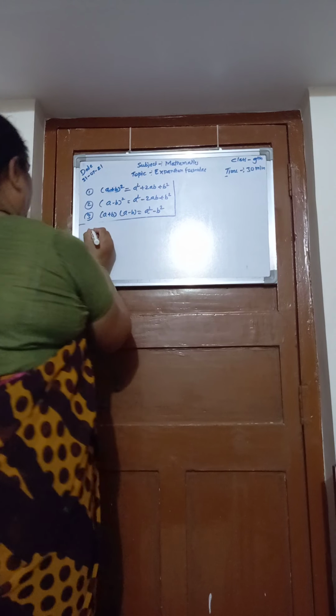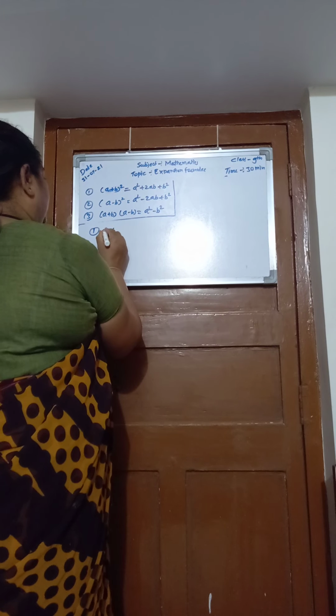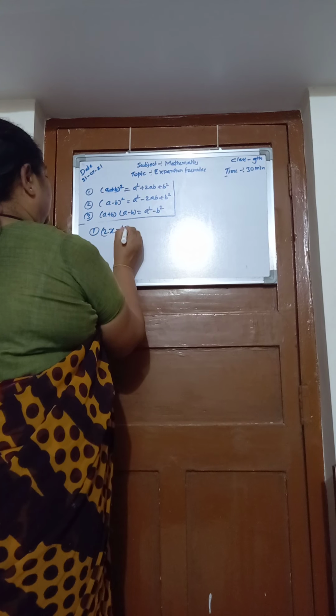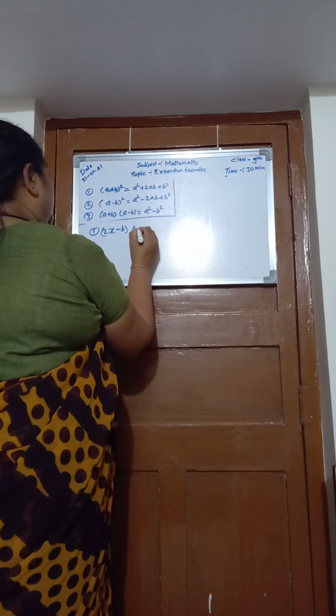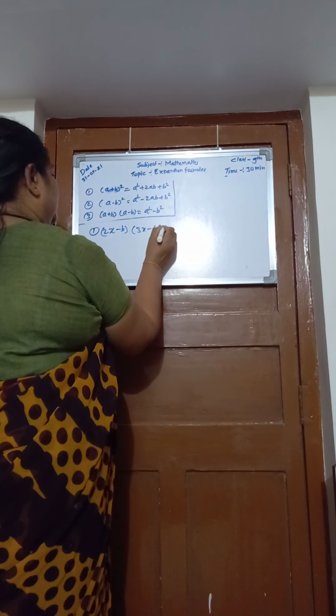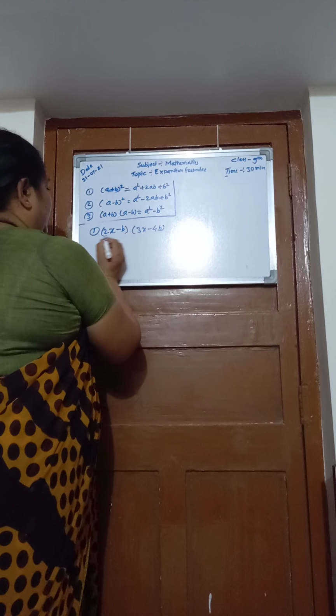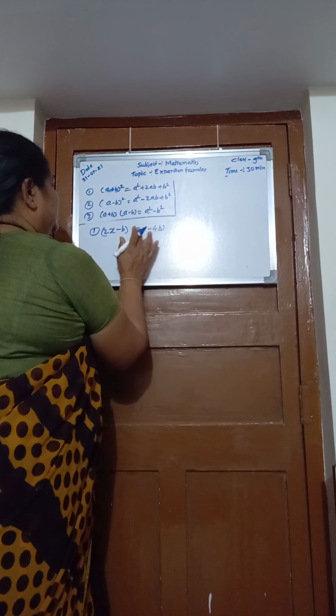Okay, first example is (2x minus b) into (3x minus 4b). Calculate this.